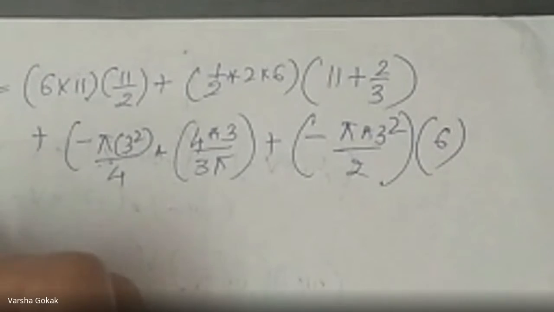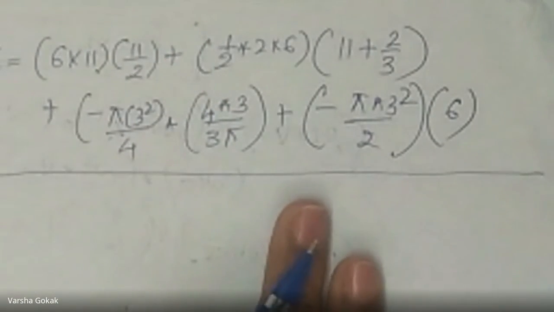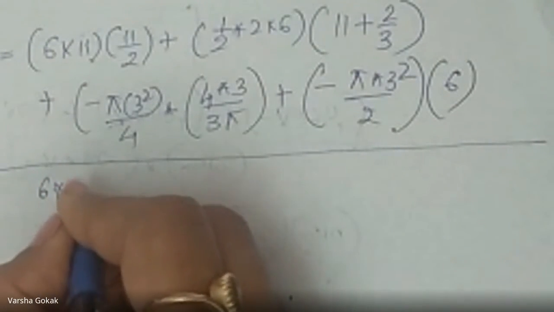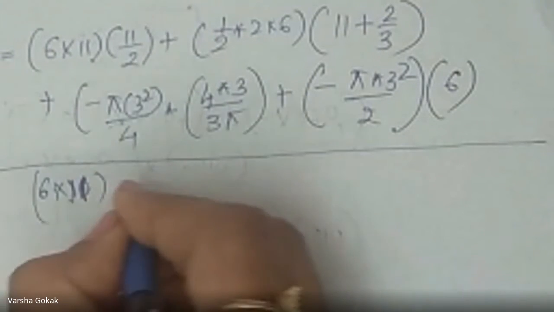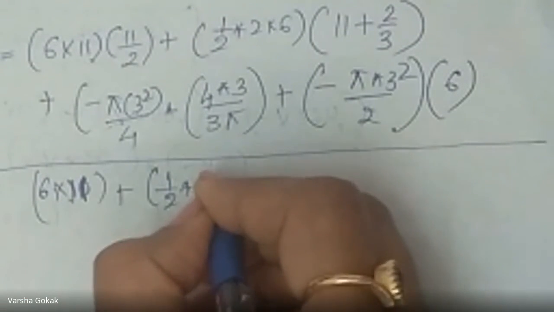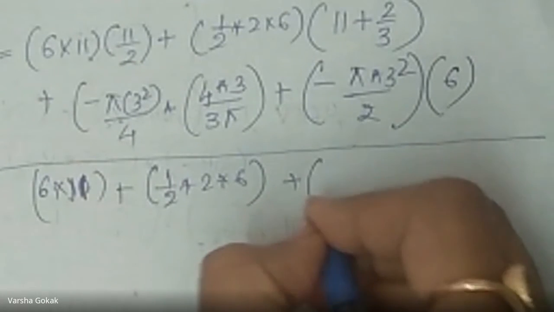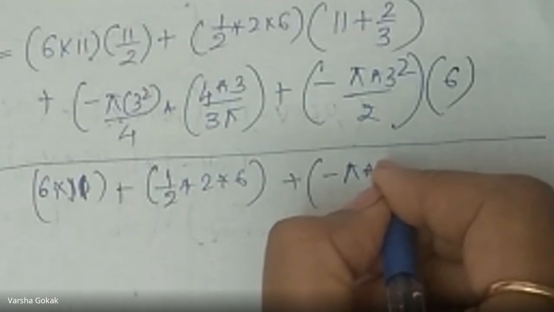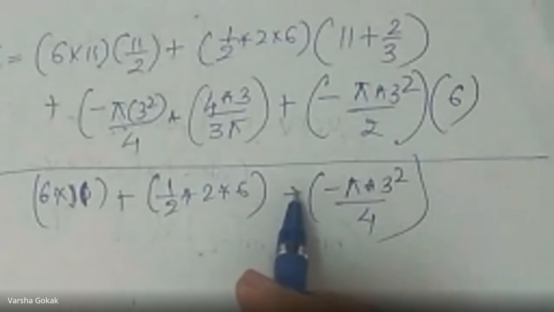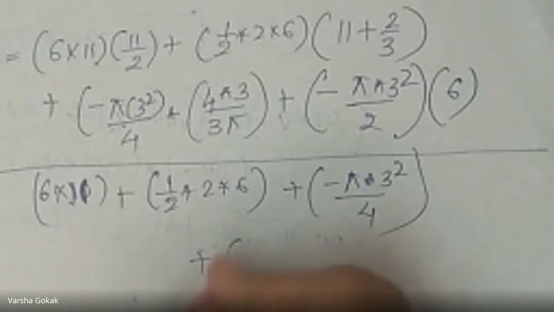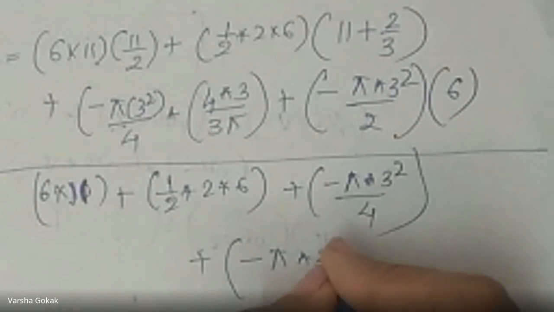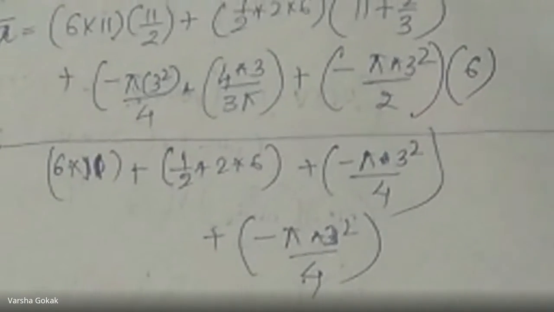Correct? This all is the numerator. The entire thing is divided by the total area. It is 6 into 11, plus half into 2 into 6, plus minus pi into 3 square by 4. You can directly write minus here, no issues. Get me the value of x bar.